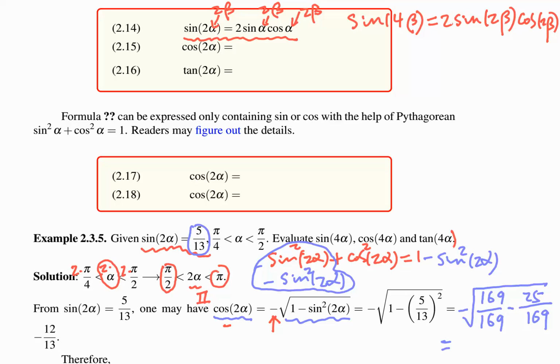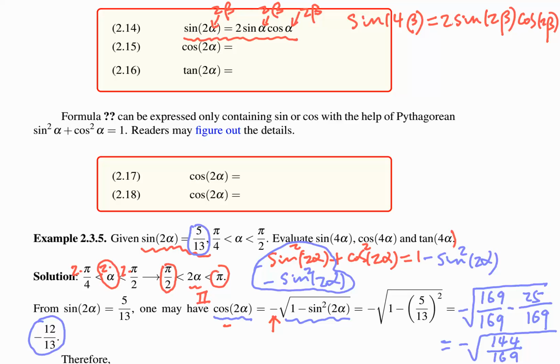Then what we get is negative radical, common denominator 169 won't change. Upstairs is 169 minus 25, which is 144. Okay, so 144, you choose the square root is 12. And 169, choose the square root is 13. That's how we got this. Okay, negative sign comes right here.